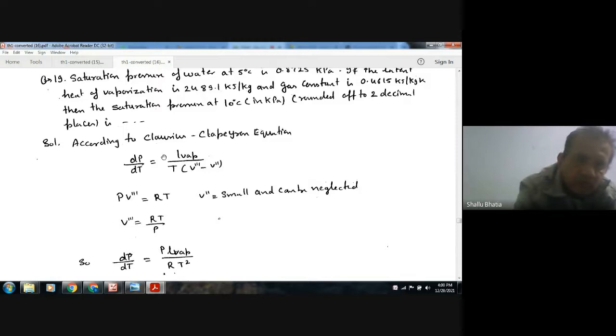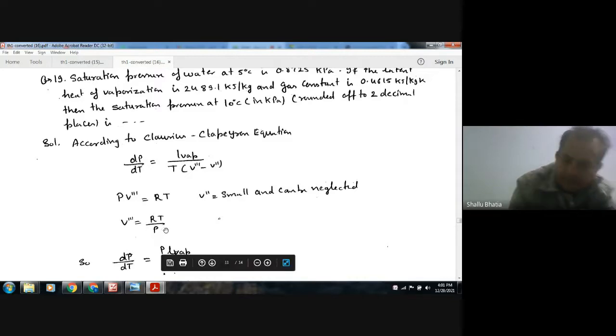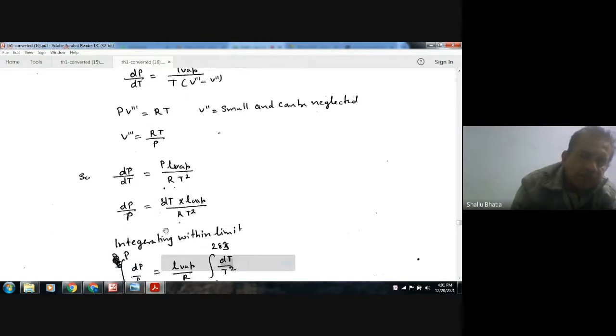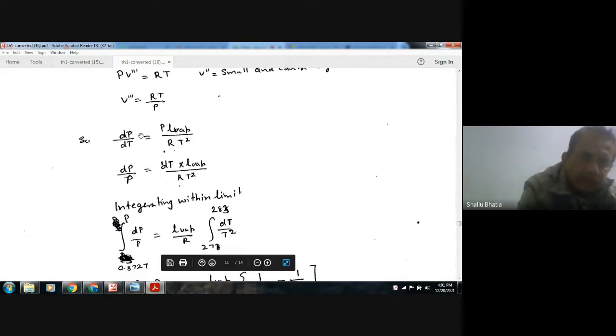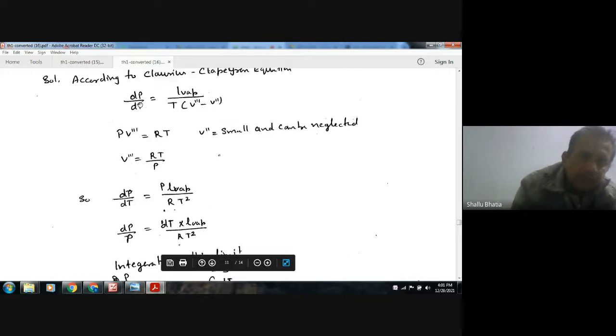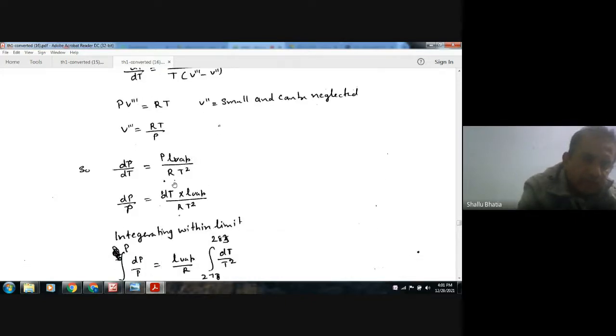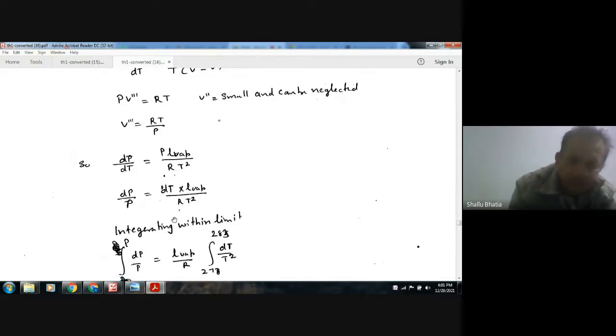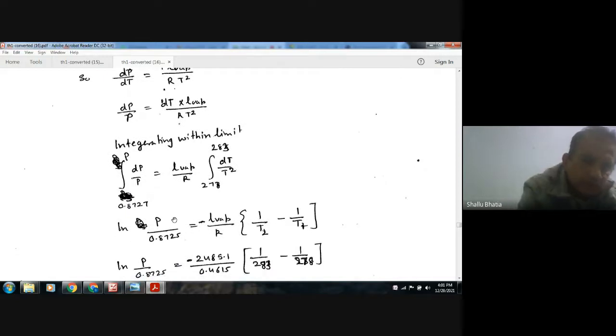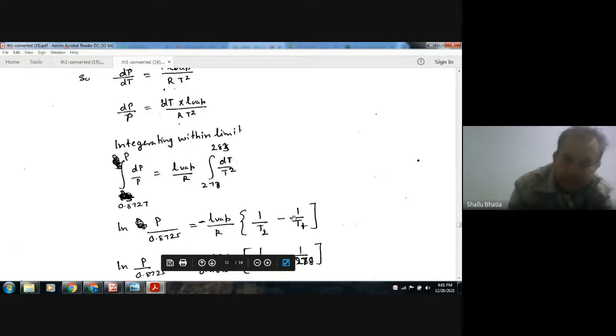Using the Clausius-Clapeyron equation and neglecting v', and putting v'' equal to RT by P, where L is the latent heat of evaporation, we reach dP by dT equal to L P by R T square. In a similar way, we can derive the formula ln(P2 by P1) equal to L by R times (1 by T1 minus 1 by T2).